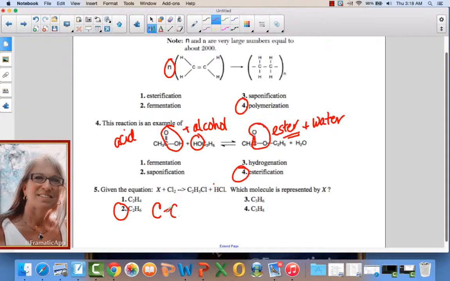So I had C2, right, H6 plus Cl2. I took off one of these H's right there, and it hooked up with one of the Cl's, and then I put the other Cl where I took that H off, and that is substitution. I have to give up something to get something.